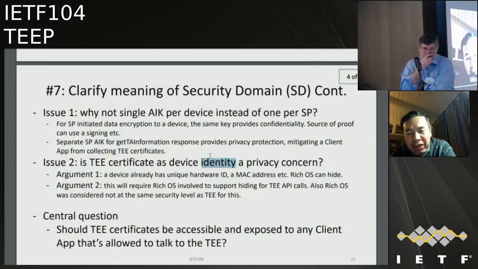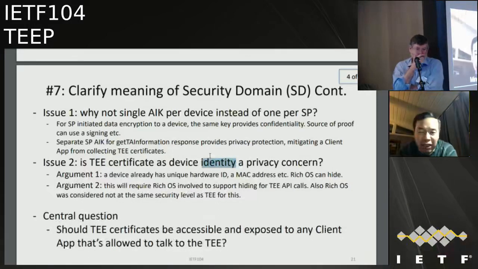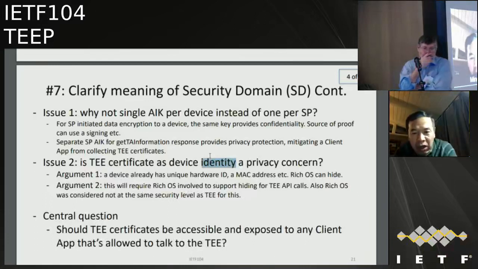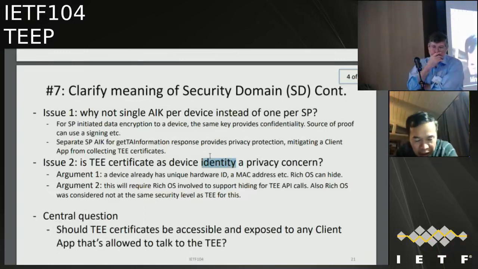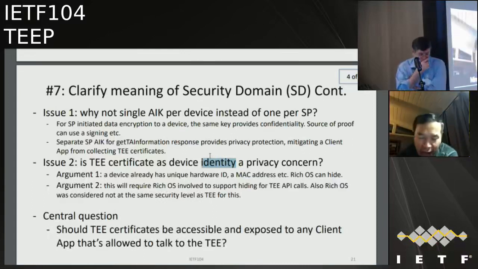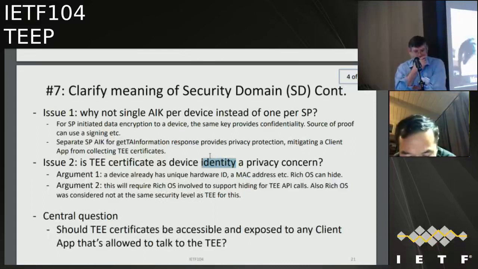The next question is whether this AIK, a separate key, is needed at all. That's a good second point, because today that key is given back to the TE client app, the rich client app in the rich world. It can query what TAs are installed in the device without contacting the TAM, because it is local, in offline mode.